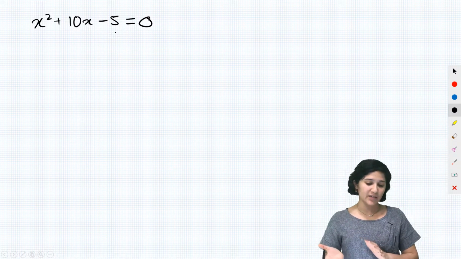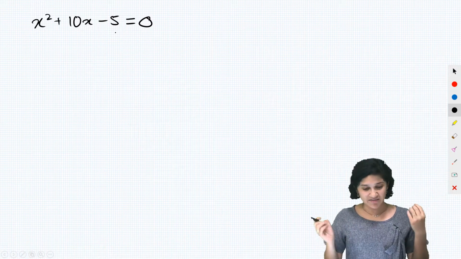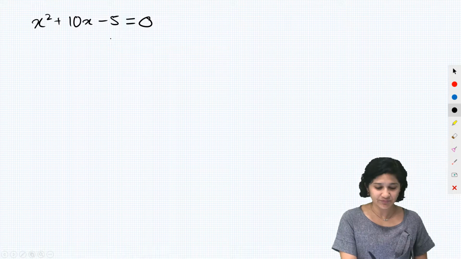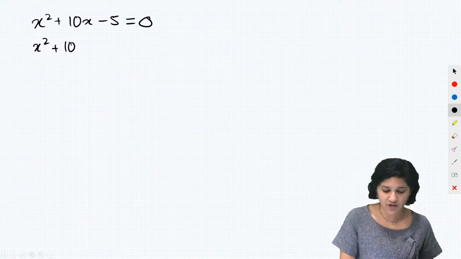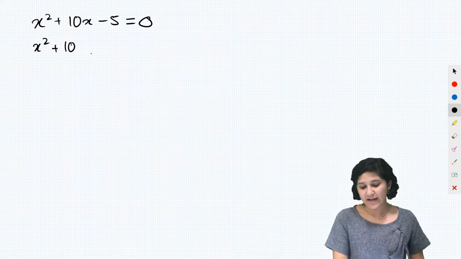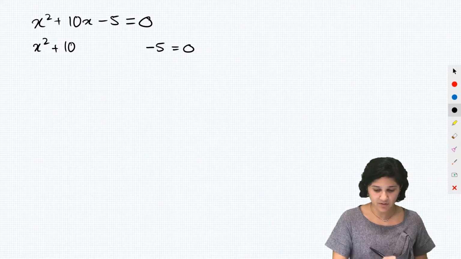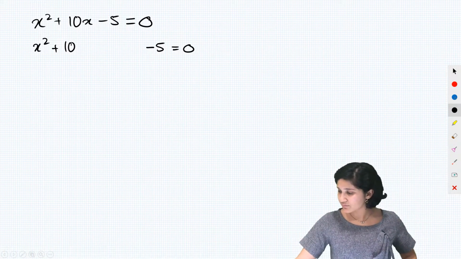Anything that multiplies to give negative 5 and adds to give 10? And I can't come up with anything. So I go into my completing the square. So again, I write the first two terms. And you can try and do this with me. And then I leave a space before the constant term. Okay? So make sure you write these in so you don't forget about them.